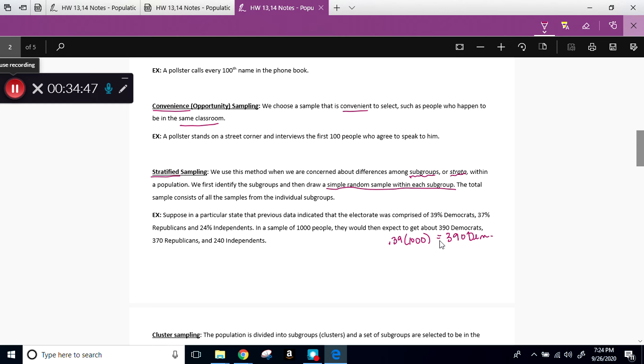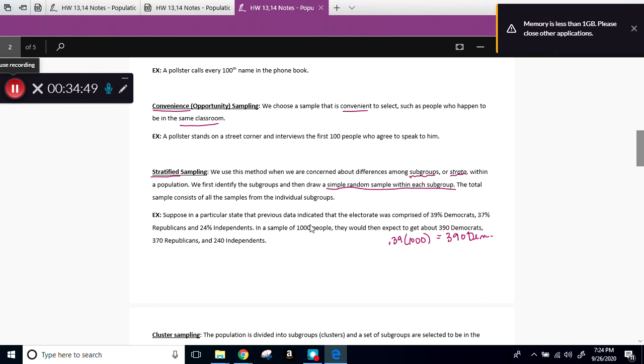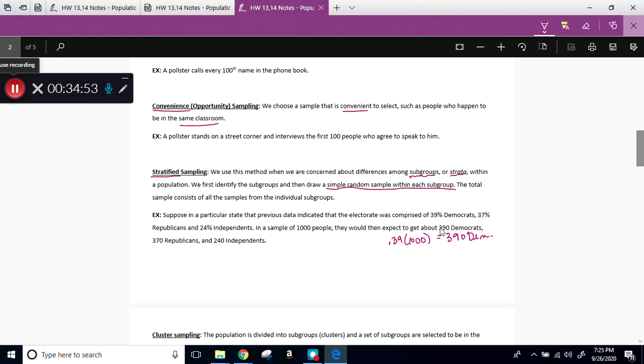It'd be easier to think of even 100 people. If it was 100 total people, it would be 39 Democrats, 37 Republicans, and 24 independents. But they come up with, from previous data, what those percentages usually are.